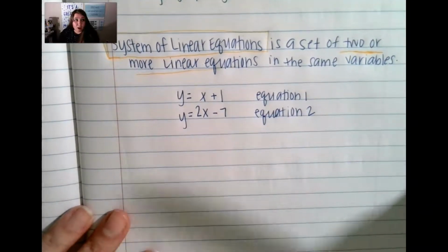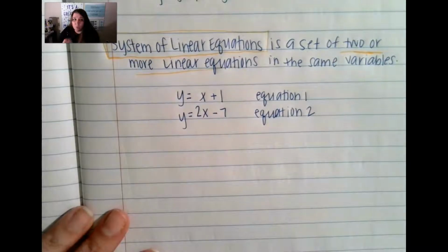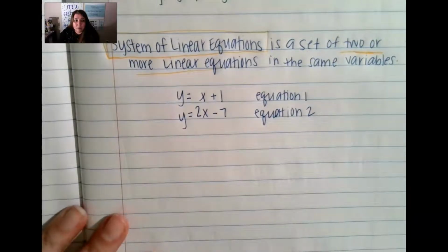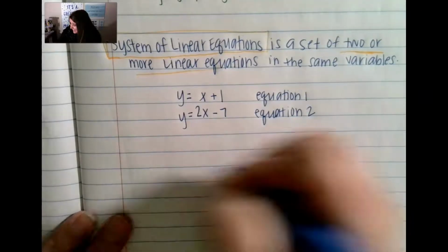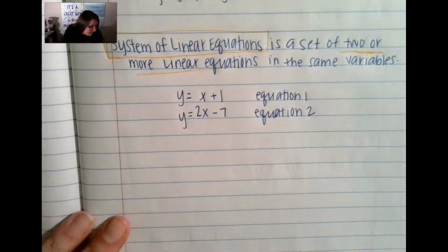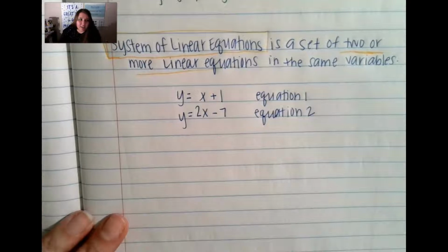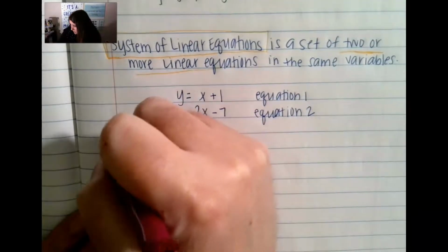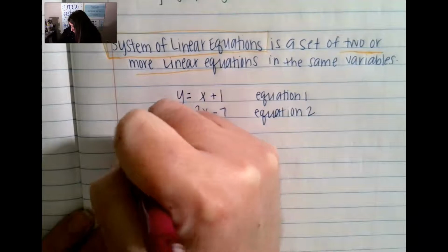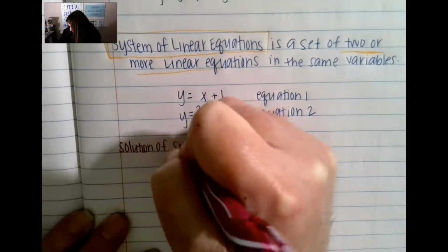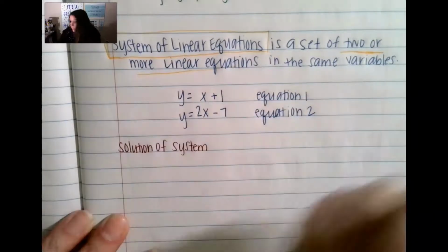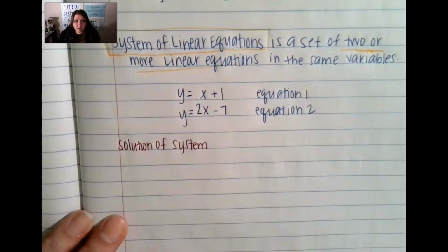All right, so how do you know that they can work together? When they work together, you get a solution of a system of linear equations. So our next set of words is solution of a system of linear equations.